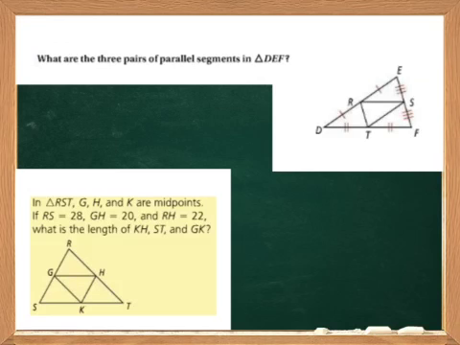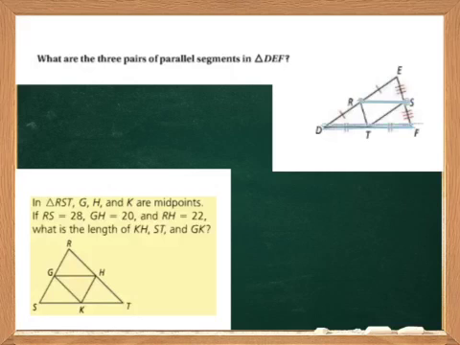As an example, what are the three pairs of parallel segments in triangle DEF shown to the right? So let's look at the midsegments. We have midsegment RS. Well, that's point R, which is on side DE, point S, which is on side FE, so this must be parallel to DF, the third side.